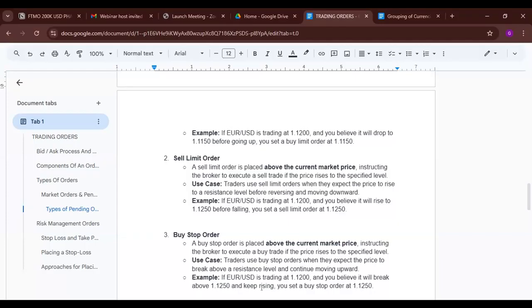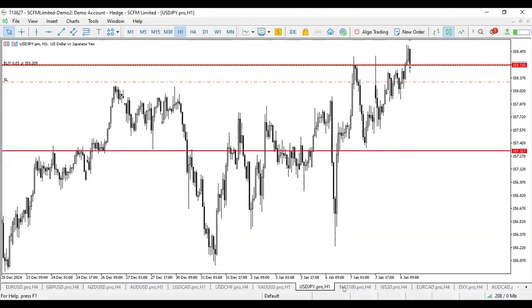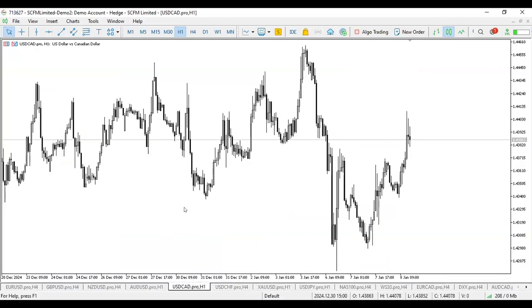Now, for example, again, if you go back to the platform, let me use this one here. This is the USD CAD, the dollar against the Canadian dollar.